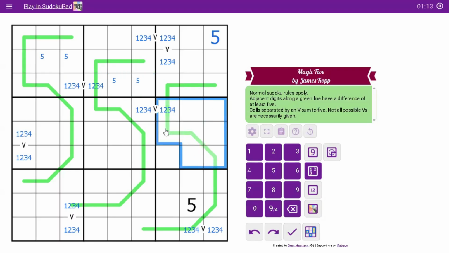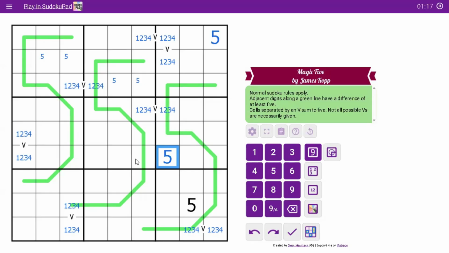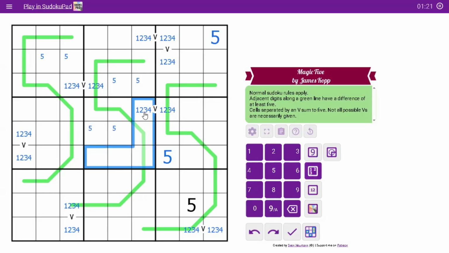There has to be a 5 here by Sudoku. There is a 5 in one of these two. And what else? There's a 5 in one of those two. Can't really do much with the 5s in these boxes down here.